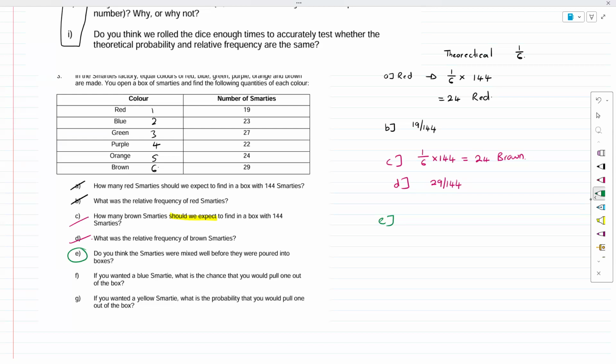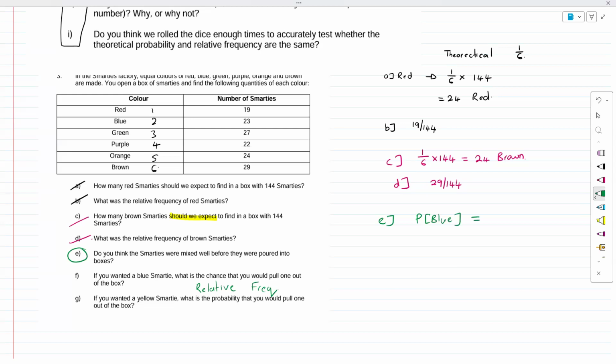Okay. If you wanted a blue Smartie, what is the chance you would pull one out of the box? Now, this one is technically relative frequency. Do not confuse the two, because they're not asking you the theoretical probability. They're telling you you're physically taking one out of the box. So what is the probability of a blue Smartie?